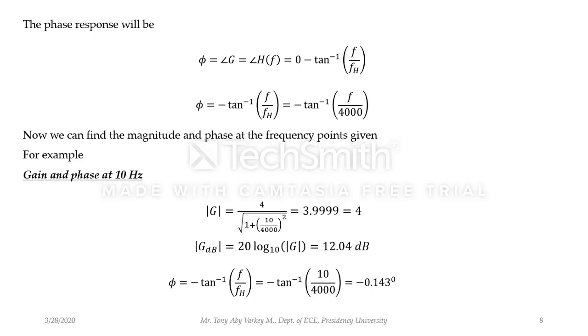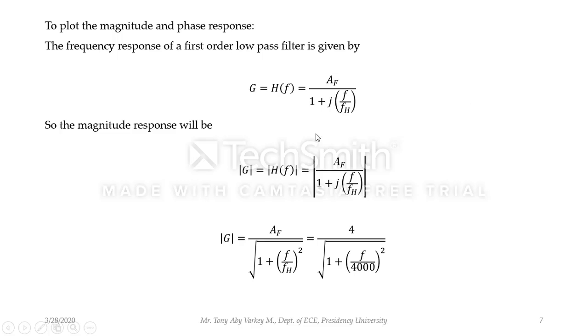So the phase of a complex quantity A plus jB is tan inverse of the imaginary part by the real part, so it will be B by A. Here you have a complex numerator AF, which is AF plus j0.